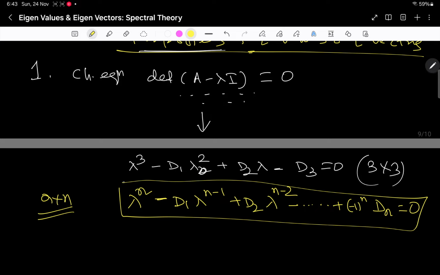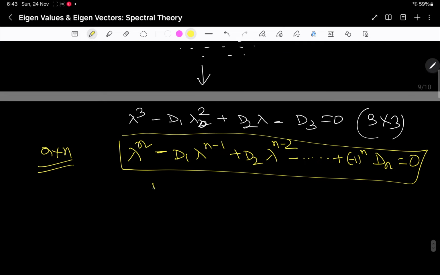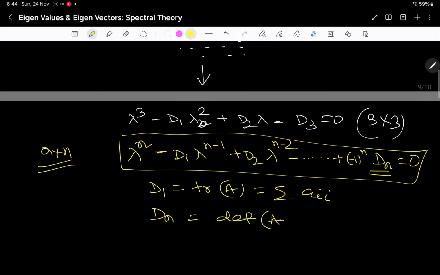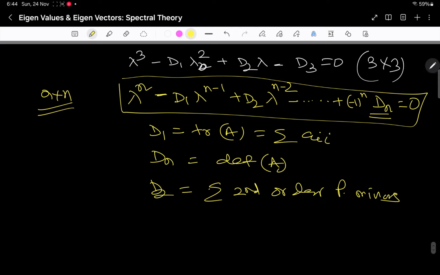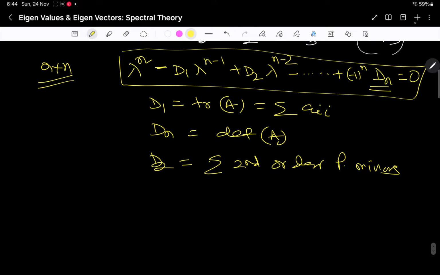What is d1? d1 is simply the trace of the matrix A, the sum of the leading diagonal. dn is the determinant of A, and d2 is the sum of the second order principal minors. Let me tell you one example for 3 cross 3, then your understanding will be clear.